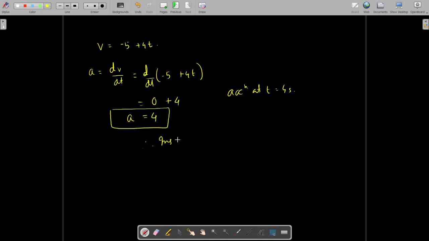Therefore acceleration will be 4 meter. What is the unit? It is 4 meter per second square. Okay, I hope it is clear and some part of differentiation is also clear to you. Let me take another question where you will get some more practice.